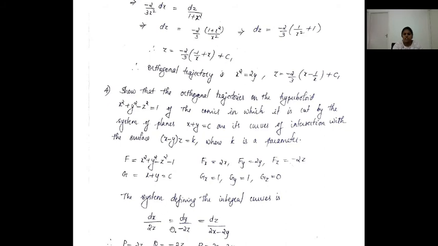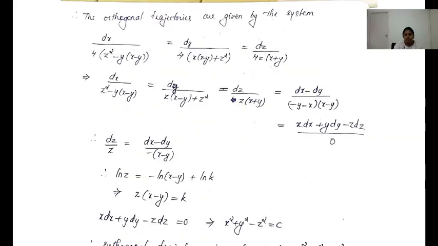So using that find p, q and r. So you get p as 2z, q as minus 2z and r as 2x minus 2y. And once you have p, q, r values and fx, fy, fz, you can solve for p dash, q dash and r dash. Okay. So here you have got p dash, q dash and r dash.